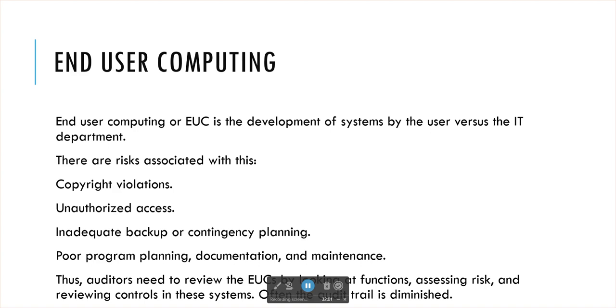And because everyone is doing it, they're all accomplishing their own specific needs. You don't have an audit trail, because remember, an audit trail takes us from the beginning point to the ending point in a cycle. And often the end user is at only a particular point in that cycle.